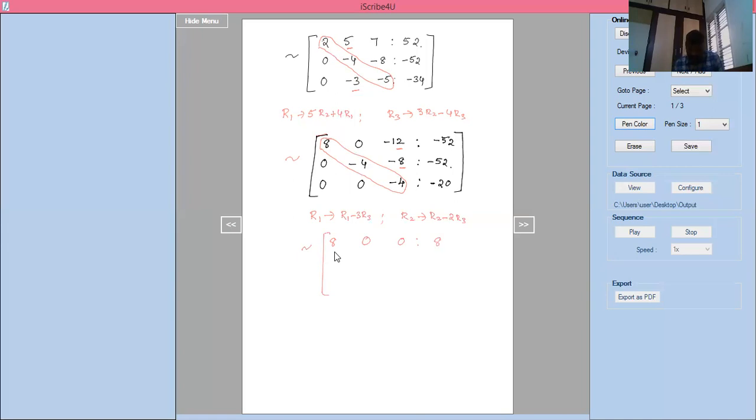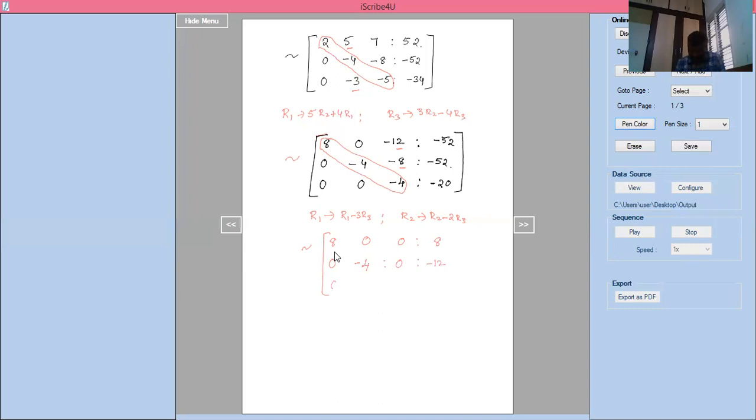Next, R2 minus 2R3 should be 0. R2 is 4, minus 2R3 should be 4, minus 4. Next, R2 is minus 8, into 2R3 is plus 8. This one should be 0. Next one, R2 is minus 52 plus 40, which is minus 12.